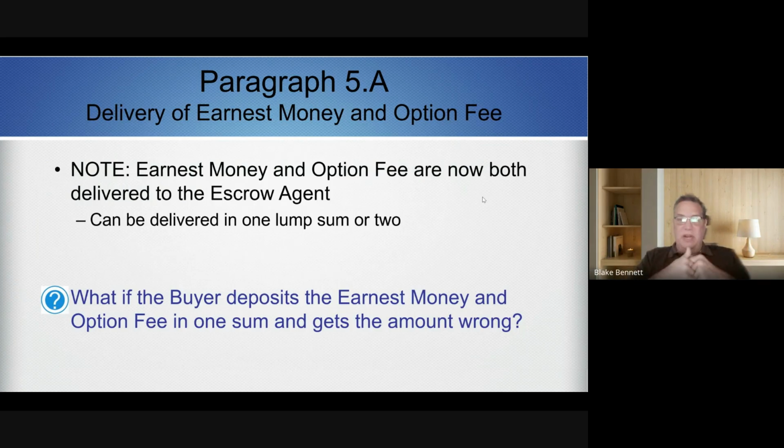Delivery of earnest money and option fee. Earnest and option are both delivered to the escrow agent. They could be delivered in one lump sum or two. If your buyer deposits earnest money and option fee in one lump sum and gets it wrong, they don't put in enough.